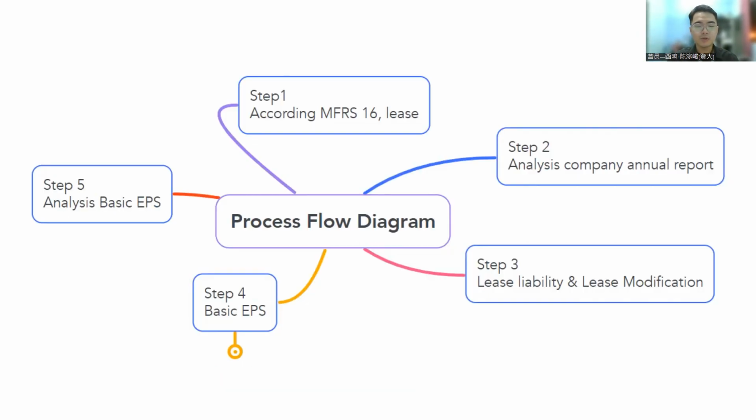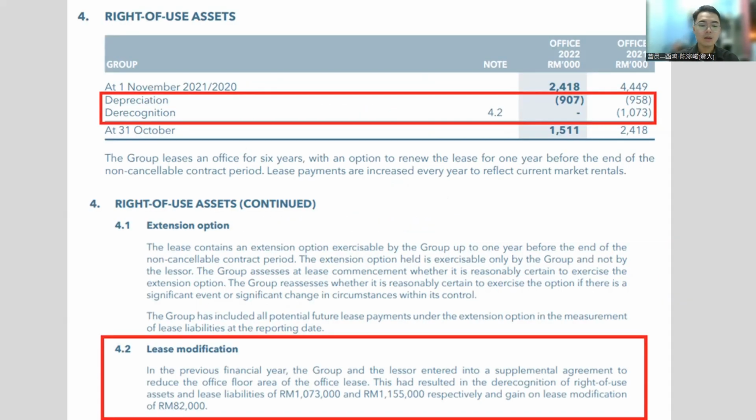Now we identify the subsequent measurement of EcoWorld International Berhad. They have lease modifications and lease liability in their group. I know that they have lease modifications because in Note 4.0 right-of-use assets, they have the recognition of 1.073 million for the lease of the office, with a subnote 4.2, lease modifications, which says that the group and the lessor entered into a supplemental agreement to reduce the office floor area of the office lease.